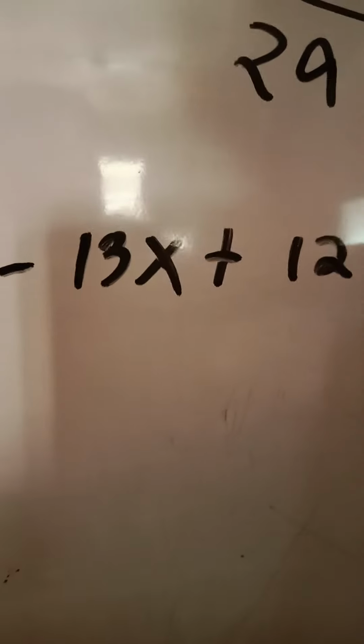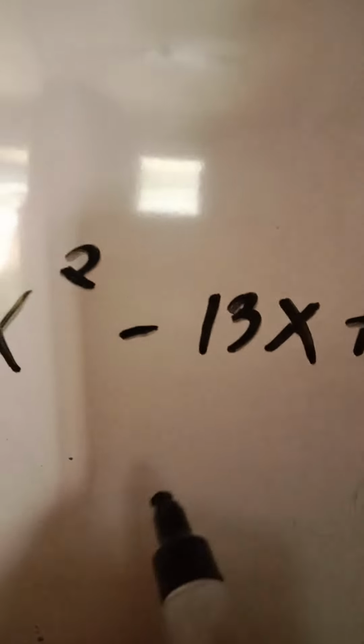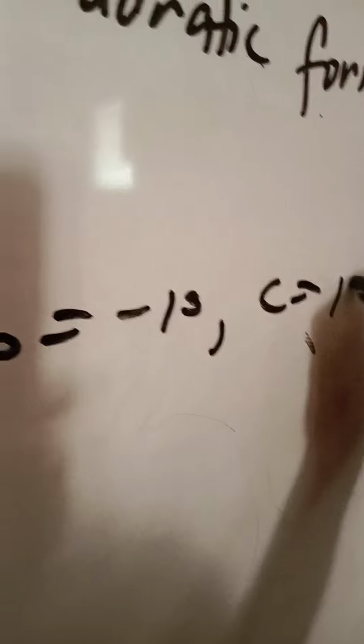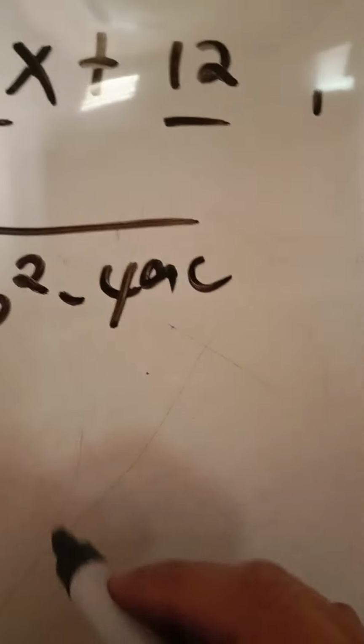Our a is 2, our b is negative 13, and c is equal to 12. So use the discriminant of the quadratic formula, D is equal to the square root of b squared minus 4ac. Substitute the values of a, b, and c.